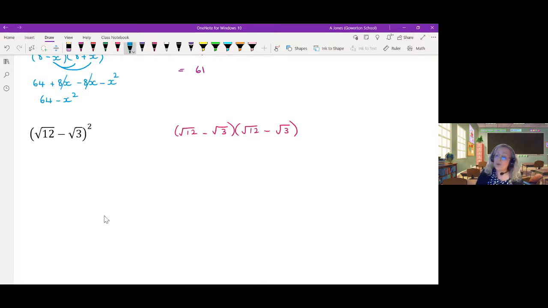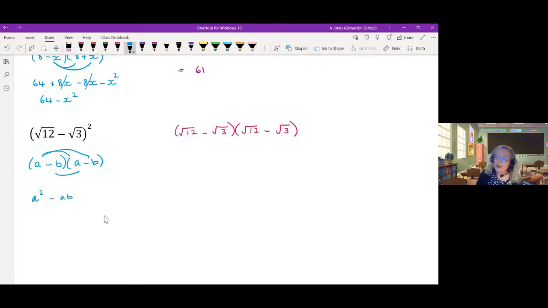Now, if this was algebra, let's call this one A minus B, and then multiplied by itself again, A minus B. I've used different letters because I've got different numbers underneath the square root signs. So this one would give me A squared minus AB.